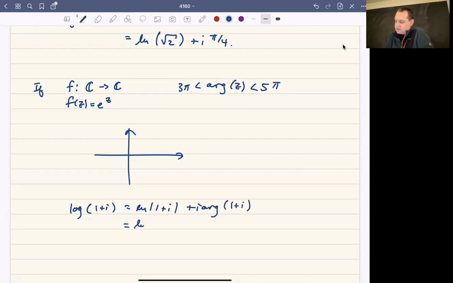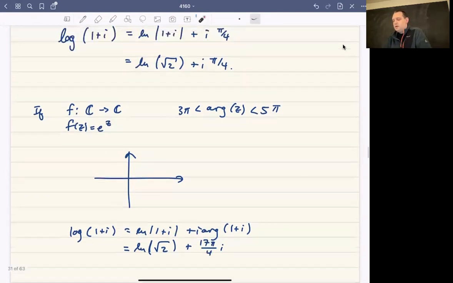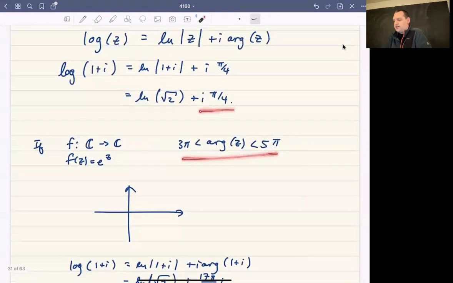And so that would still be the natural log of the square root of 2. But here the argument would be 4 pi plus pi over 4, which would be 17 pi over 4 times i. Okay, and so that's how the choice of our argument is going to affect our function.